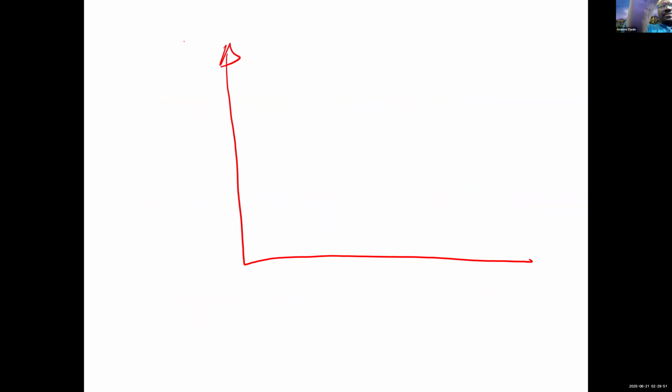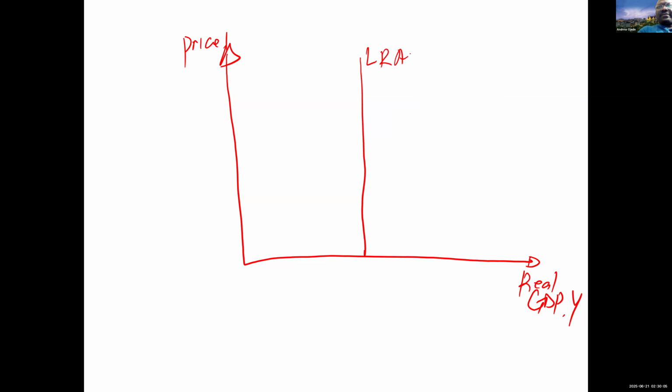So let's say, suppose the economy was stable. So you've got the price level here, and you have real GDP on this axis, which is measured by Y. We're assuming the economy was stable. This is your long-run aggregate supply curve.